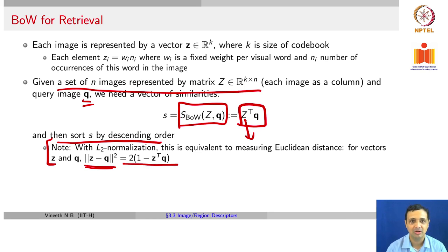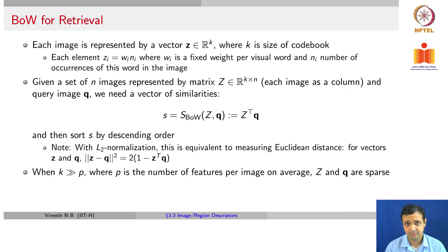Work it out as homework. So which means something closer in cosine similarity will have a low Euclidean distance. A high cosine similarity will be a low Euclidean distance. So in some sense, these two metrics of comparing similarities or distances are complementary.